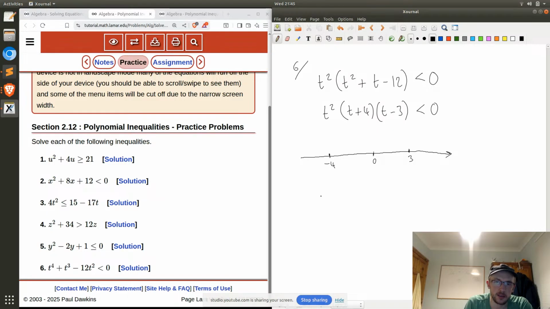And because it is t to the 4, it is an even degree polynomial, so it has, roughly speaking, a U-shape like that. If you feed in negative infinity and positive infinity, you get the end behavior, which is, you know, quadratics and quartics and sextics. They all behave like they have a U-shape.